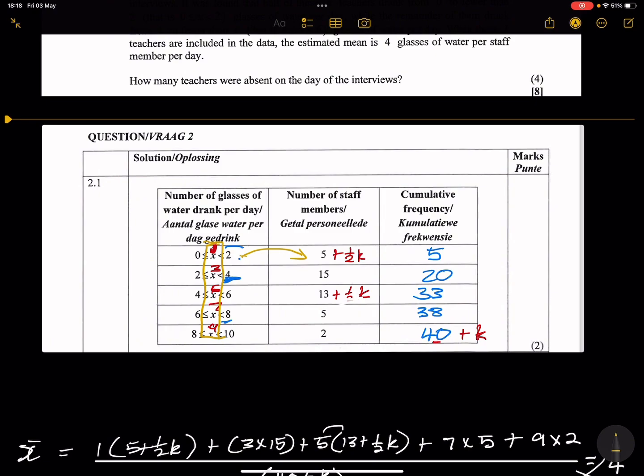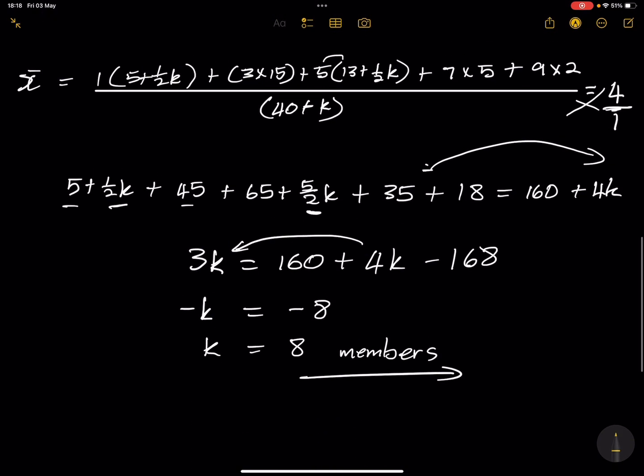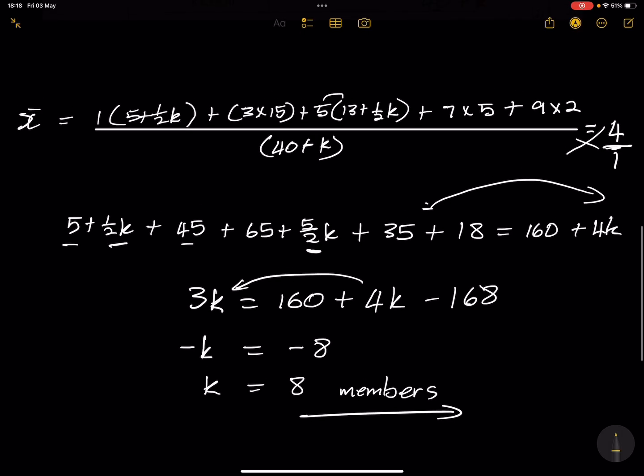That's how you get your estimated mean. And ladies and gents, that is how the cookie crumbles.